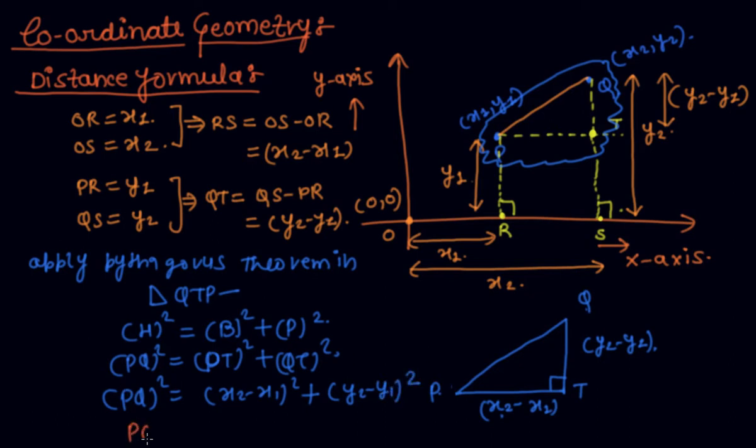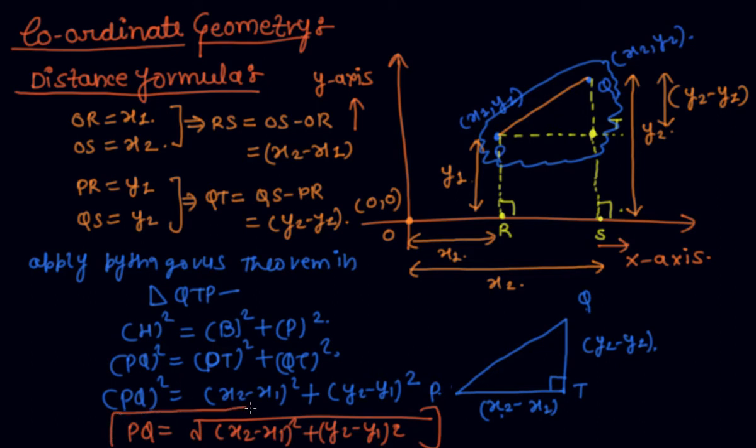So the final value of PQ is the square root of (x2 minus x1) square plus (y2 minus y1) square. This is the distance formula to find the distance between 2 points whose coordinates are given.